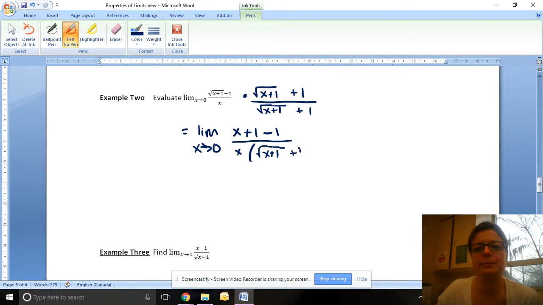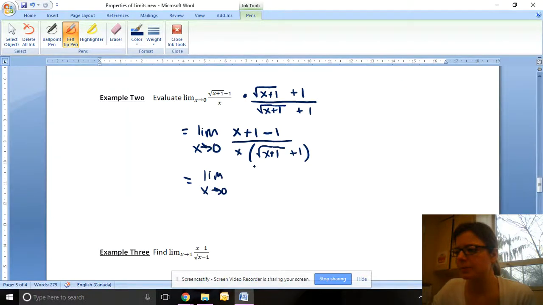Now notice that when we simplify this, you get x plus 1 minus 1. These ones cross off, and then this x and this x also cross off, because you get just x in the numerator, and that reduces with the x in the denominator.